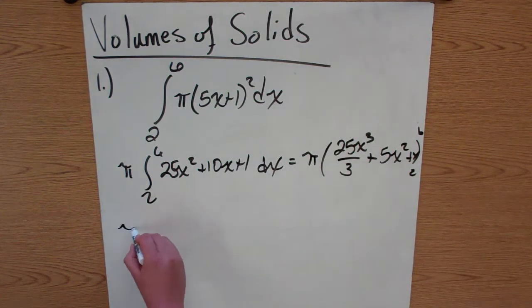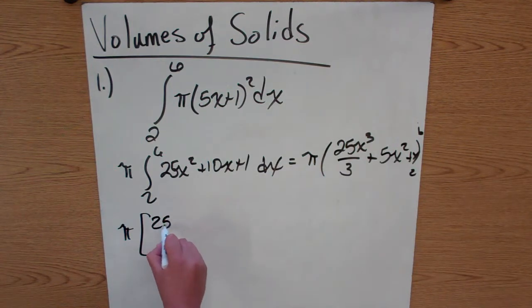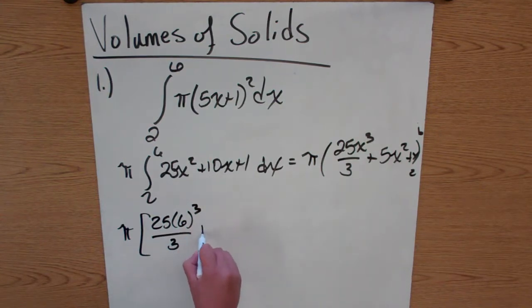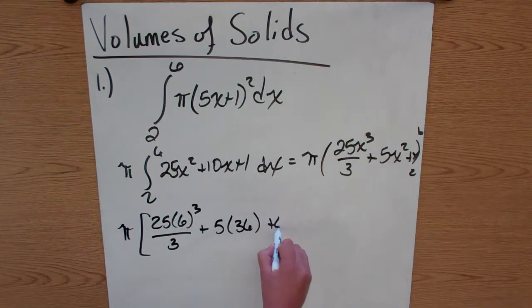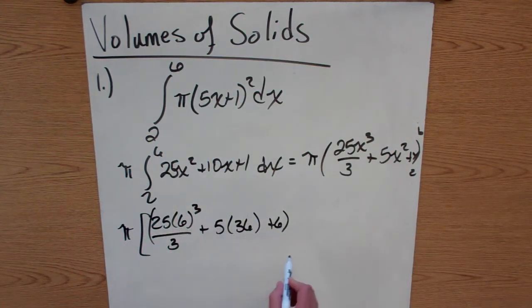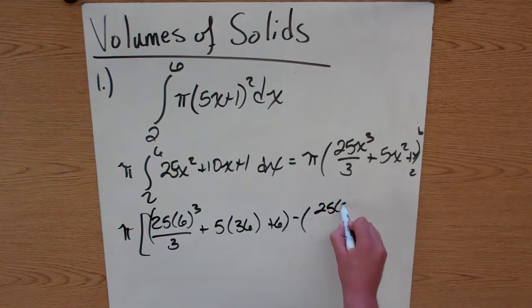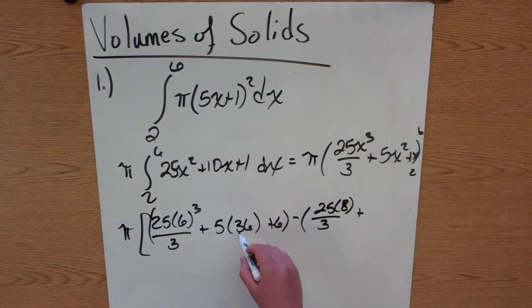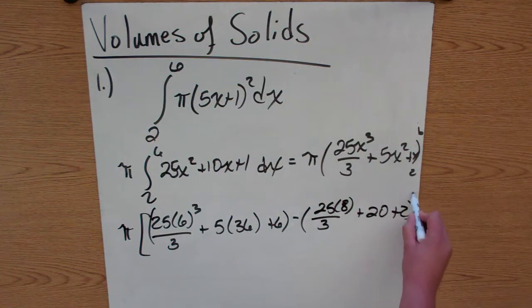Alright, so pi, when you plug in the 6, you get 25 times 6 cubed divided by 3 plus 5 times 36 plus 6. Of course, you're going to subtract from that 25 times 8 divided by 3 plus 2 squared is 4 times 5 is 20 plus 2.